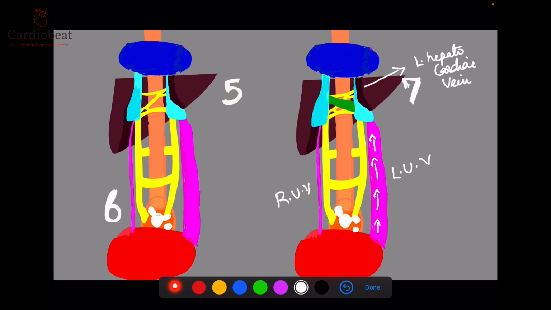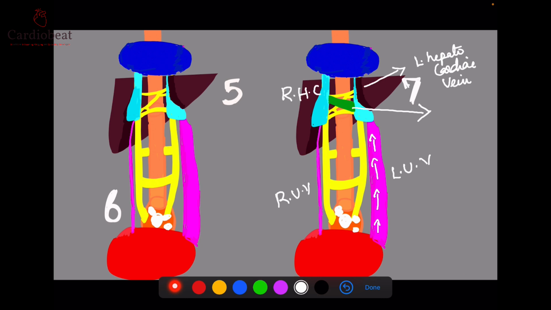Therefore, now an anastomotic channel forms between the left umbilical vein as well as the right hepatocardiac vein.